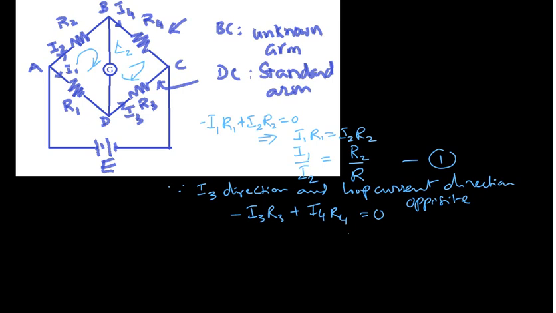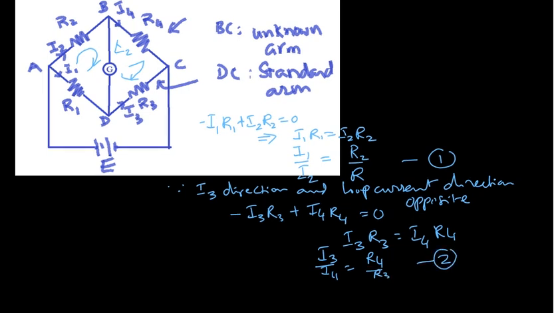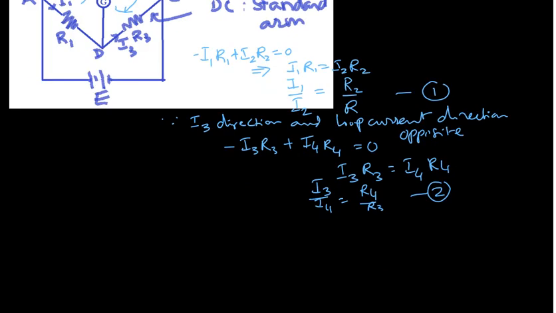But we said the same current, I1 equal to I3, and we know I2 equals I4 under the balanced condition, that means when Ig equals 0. So I replace I4 and it is I1 divided by I2 equal to R4 by R3.